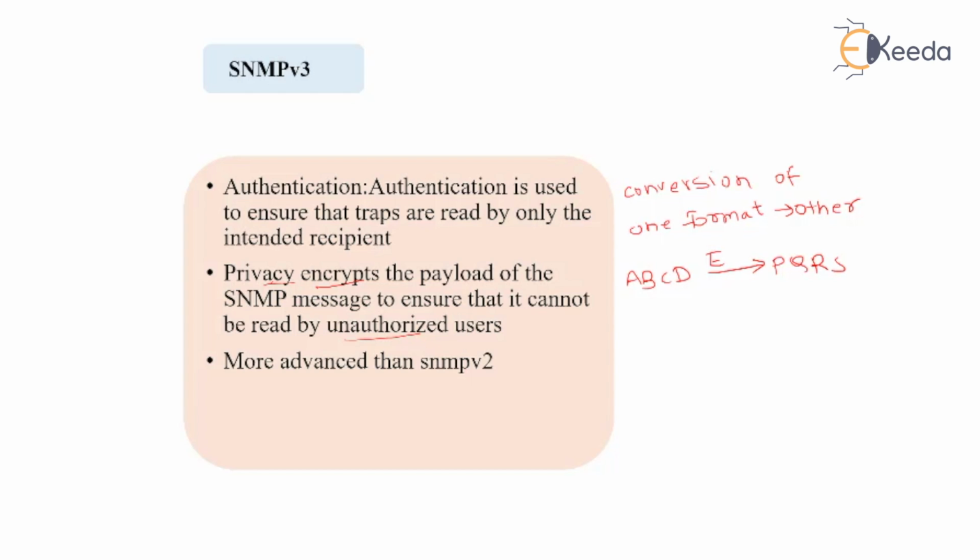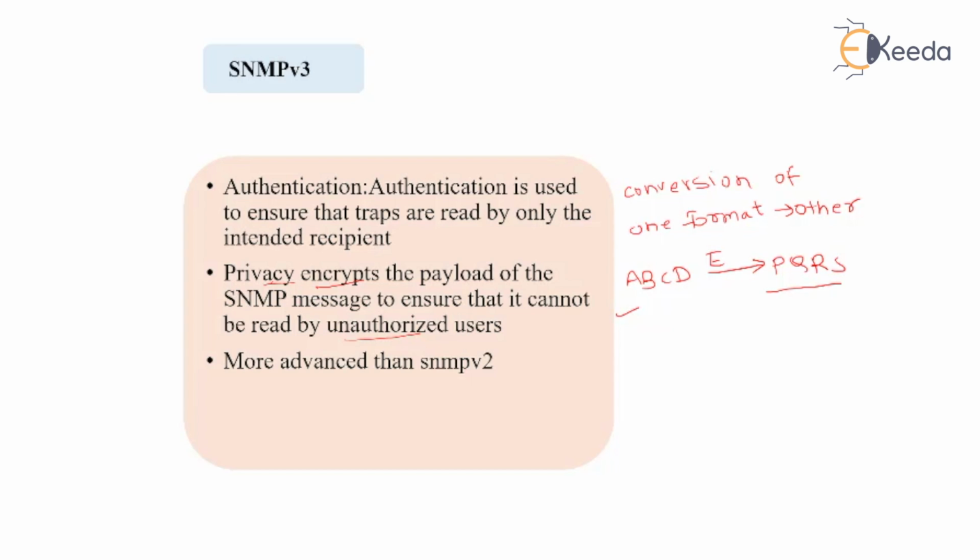So suppose any hacker tries to observe your data, he will only observe PQRS. If you don't know how to decrypt that, then he cannot find out that the original data is ABCD. So encryption again plays a very important role in making your data more private and more secure.